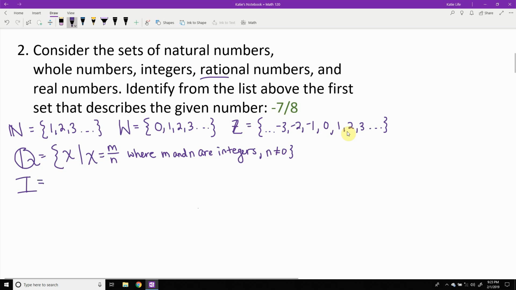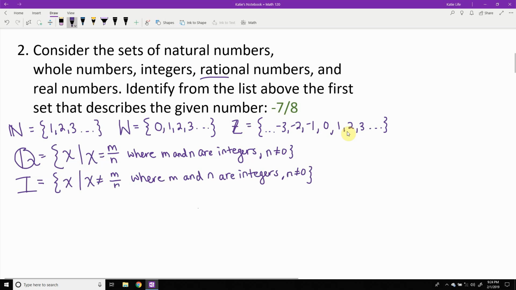So values that do not fall in the set of rational numbers are irrational numbers. And this is the set of all things such that those things cannot be written as a ratio of integers, where m and n, again, are integers, n is not 0. So the set of all things that are not rational numbers.